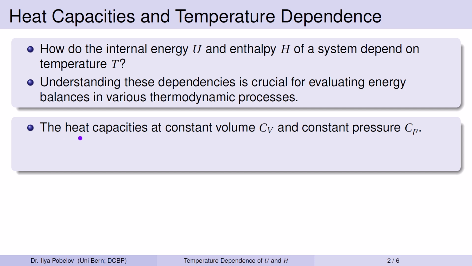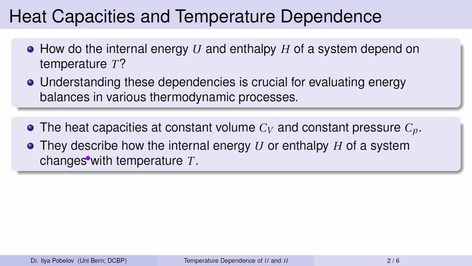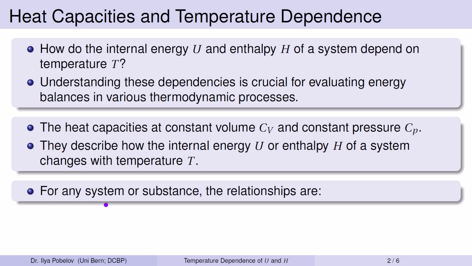We begin by examining the heat capacities at constant volume and constant pressure, denoted as CV and CP respectively. These quantities describe how the internal energy or enthalpy of a system changes with temperature. For any system or substance, the relationships are as follows.